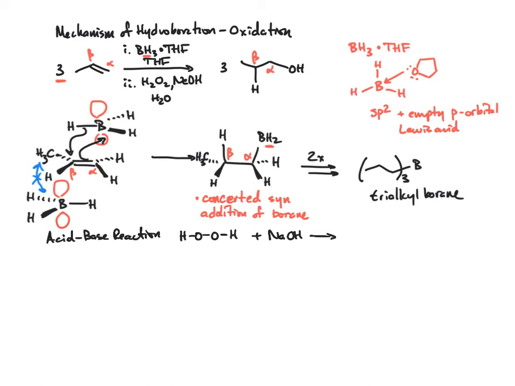We know sodium hydroxide is a base, so hydrogen peroxide is the acid. It has a slightly lower pKa than water, of 12.